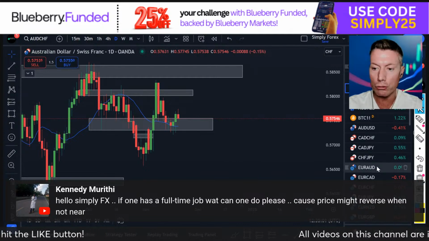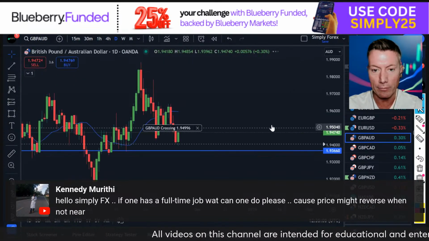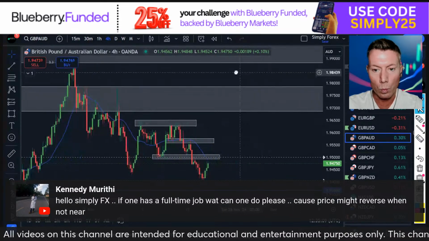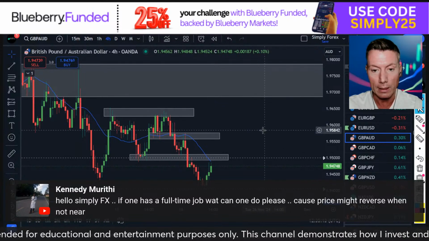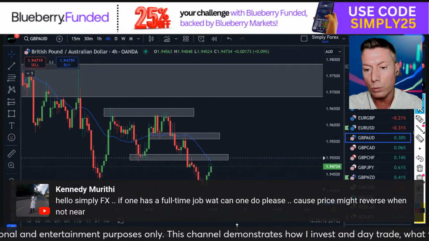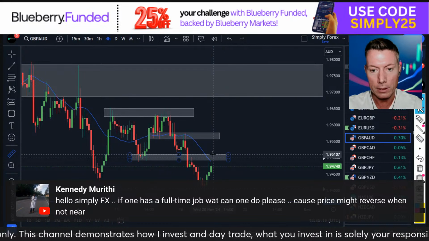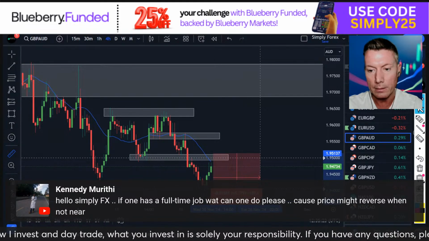Because one of my trades today was pound Aussie dollar, which I'm currently in. I've moved my trading signals now, but one of my signals was here, because this is where I wanted to put my stop loss, and this was my target.